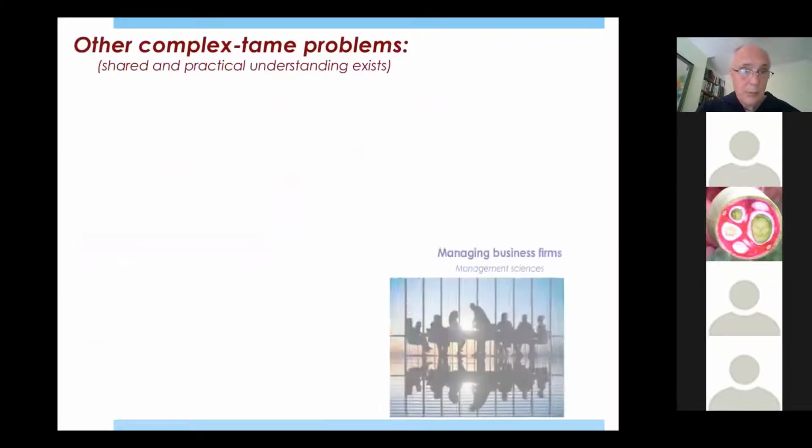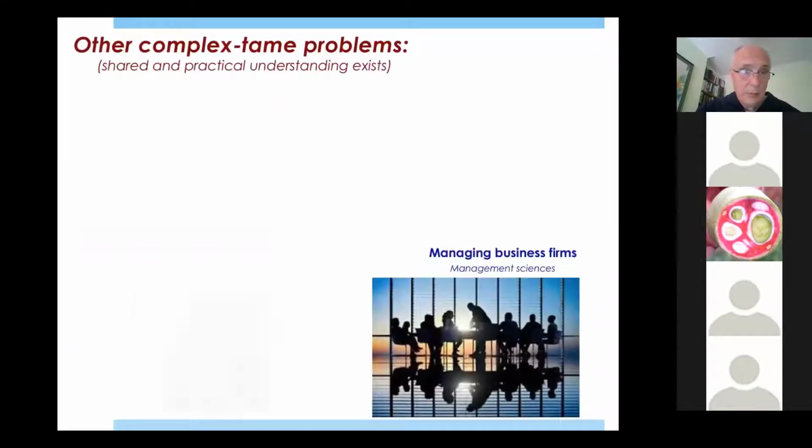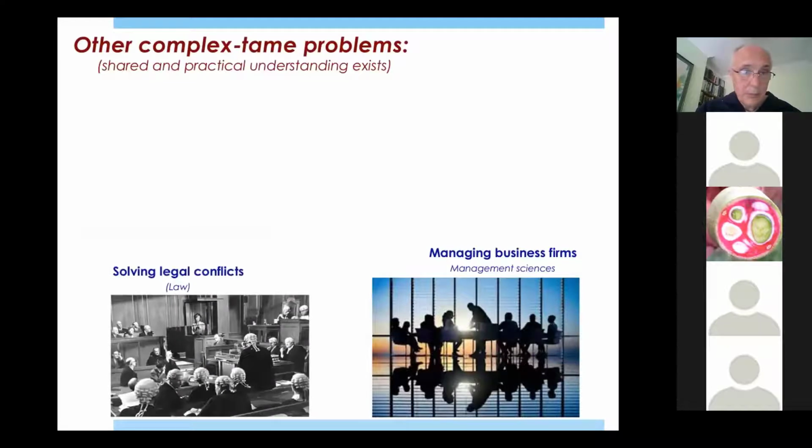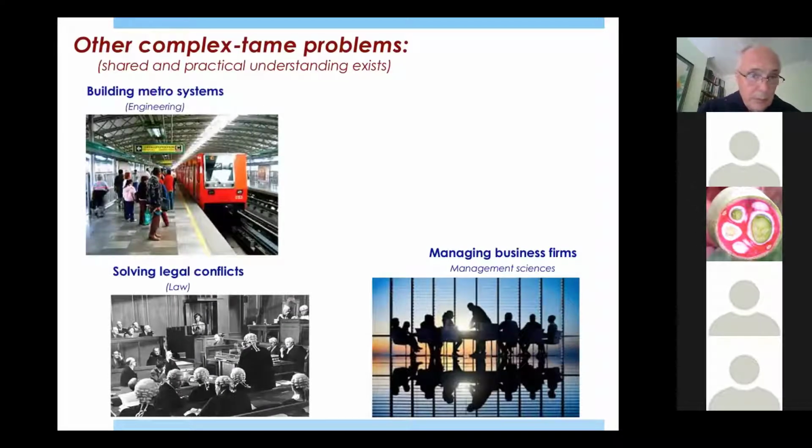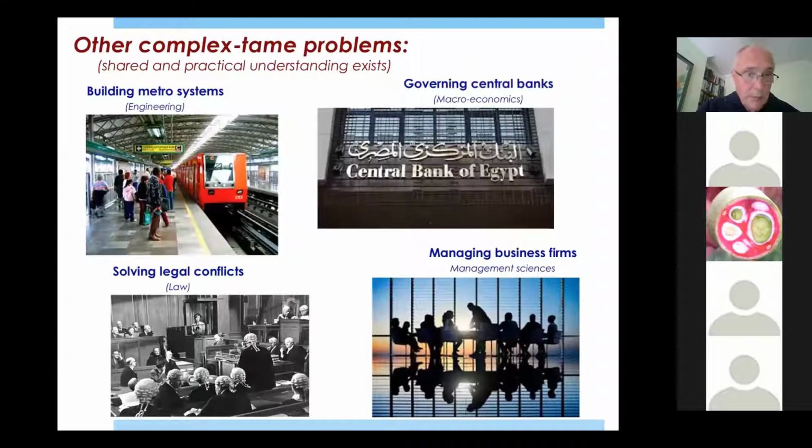Other complex-type problems: managing business firms, solving legal conflicts, building a metro system, governing central banks. Exactly the same. They are tamed by these networks, international knowledge networks. There exists practical understanding.